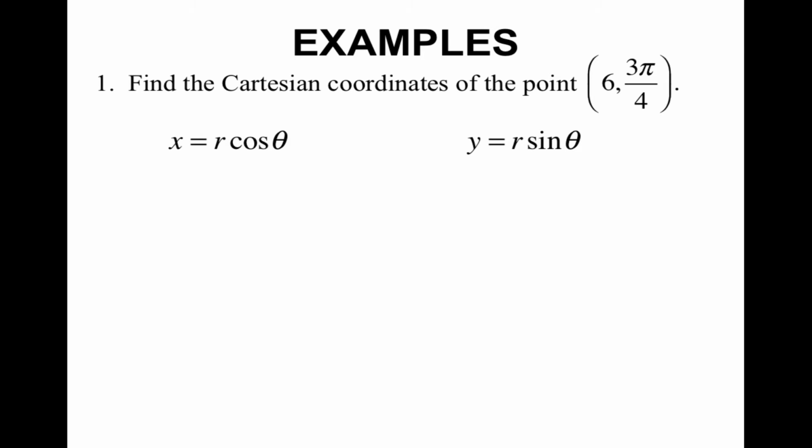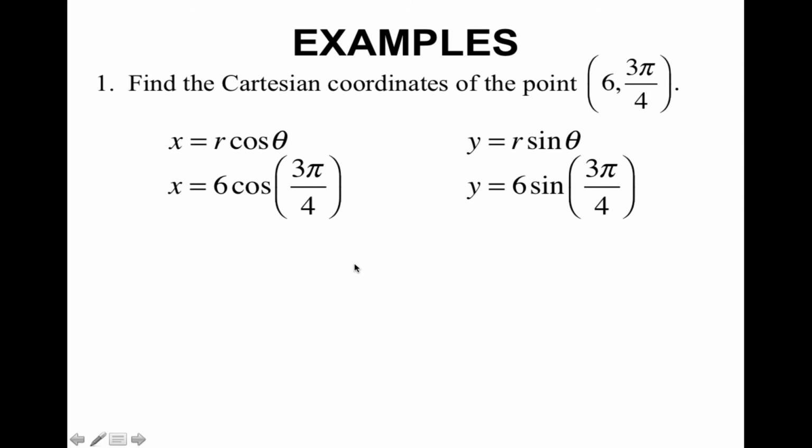So we have that x equals r times cosine theta and y equals r times sine theta. Well, since we're given r, which is 6, and we're given theta, which is 3 pi over 4, I can find x and y. So x will be 6 times cosine 3 pi over 4, and y will be 6 times sine 3 pi over 4.